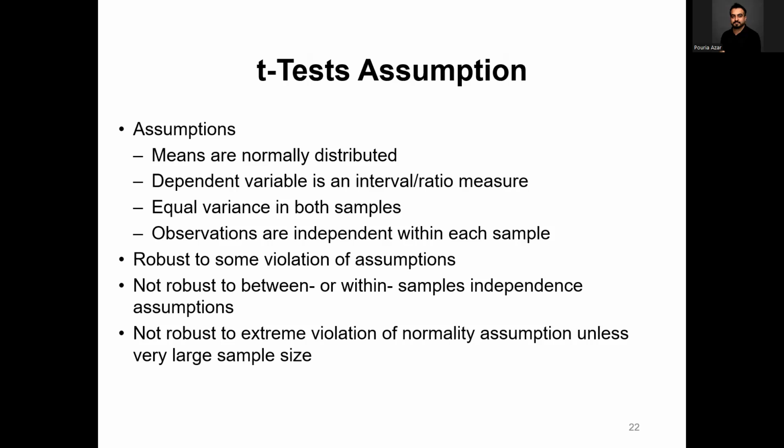And observations should be independent within each sample. T-tests in general are robust to some violation of assumptions. But t-tests are not robust to between or within samples independence assumptions. And they are not robust to extreme violation of normality assumption unless in very large sample size.